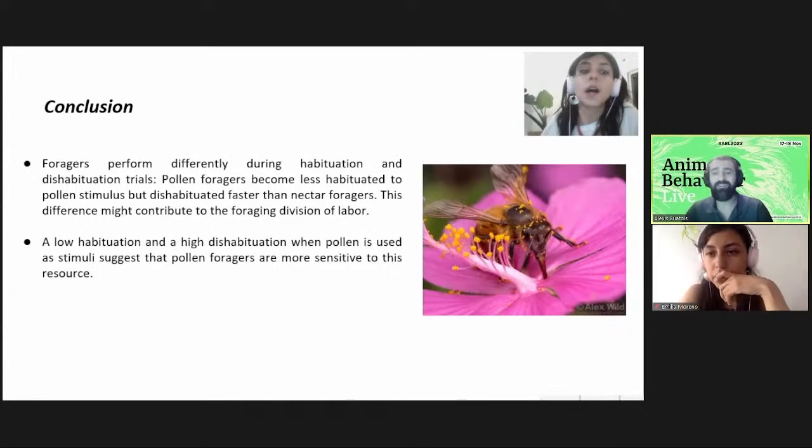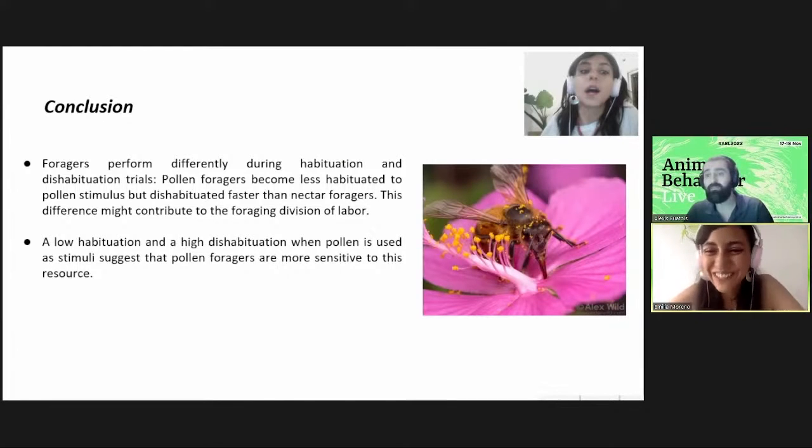I mean, I don't know if it's clear what I'm saying, but just the fact that pollen foragers, since they are really, like you say in the sentence just under, very like they are in contact with pollen all the time, they are definitely more sensitive, which obviously will trigger some difference in terms of the habituation and dishabituation performance.